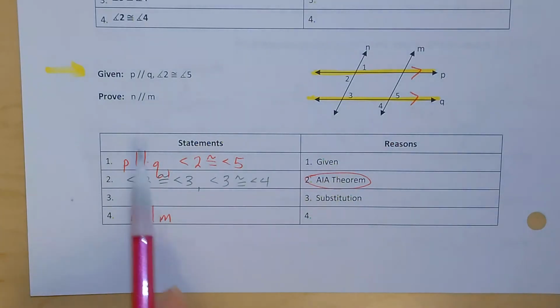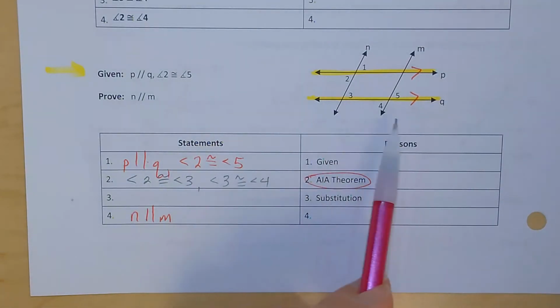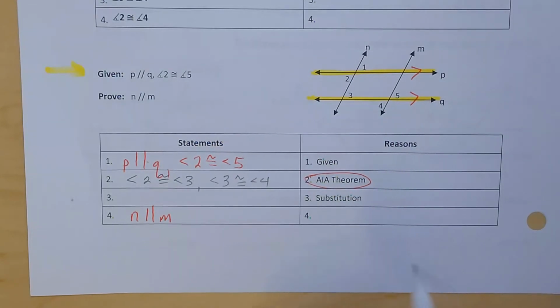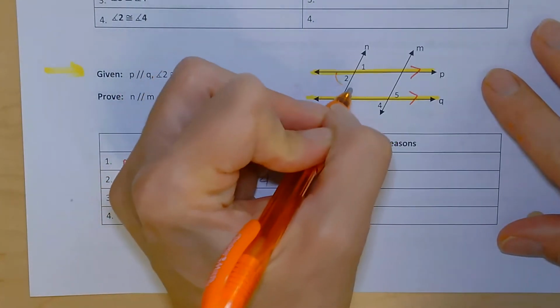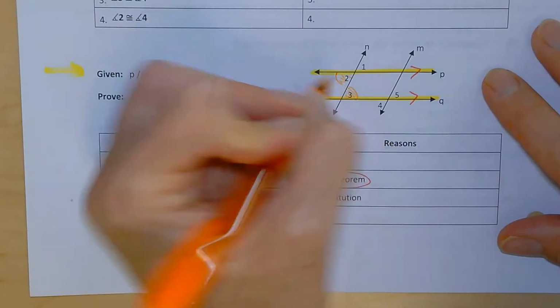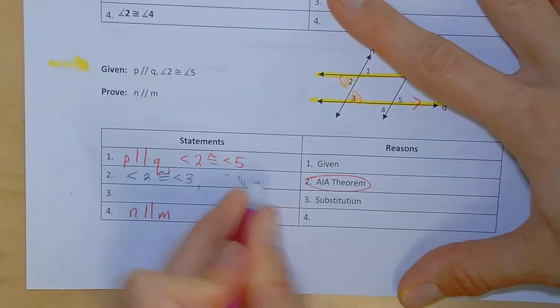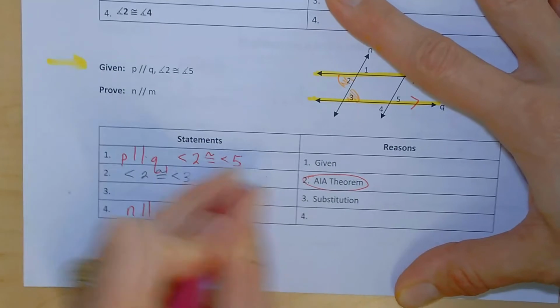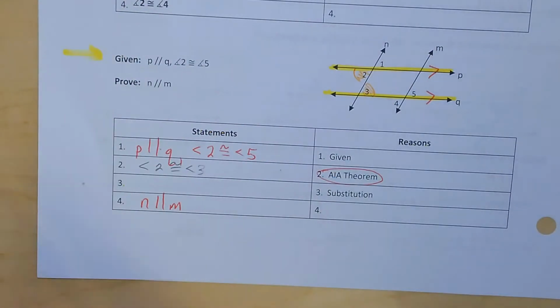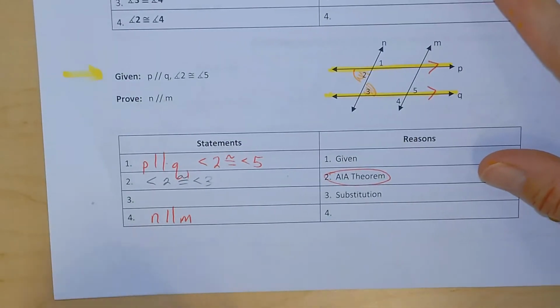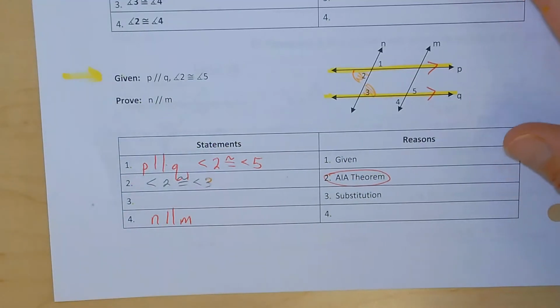And that's because the only parallels I know are the yellow ones. So I need to ditch the pair that don't have to do with the yellow parallels. So the pair that you have to use are 2 and 3. So if you picked that pair, congrats, because that's right. This 3 and this 4 is not allowed. And kids use that all the time, but you cannot do that because you don't know that n is parallel to m. So only 2 and 3 are allowed.